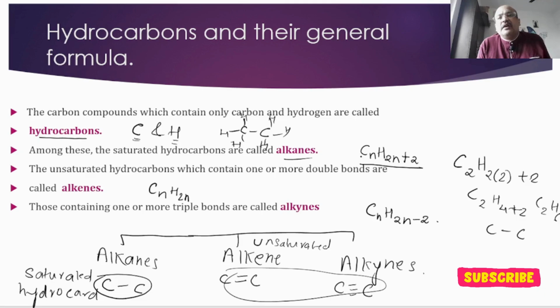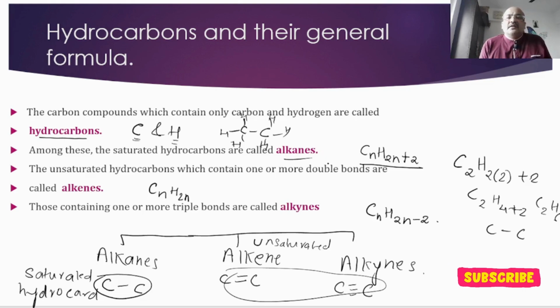If you know the formula, just put the number of carbons in it. So for propane, you will put C3 here, and what will you get? 3 twos are 6, plus 2 is 8. So you will get C3H8 in the case of propane.